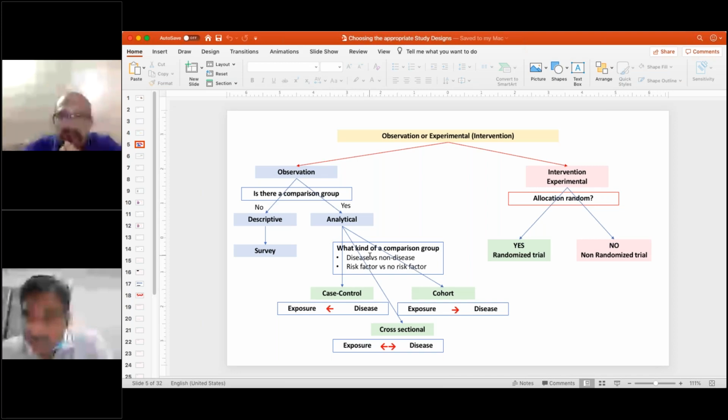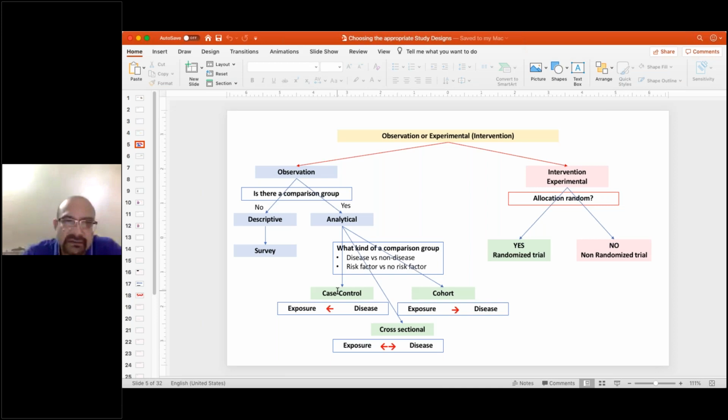But the kind of comparison group that we have probably determines what next we do, whether it's a disease versus non-disease or risk factor versus no risk factor. If we are studying individuals who are diseased and comparing them with those who are non-diseased, that becomes a case control study.